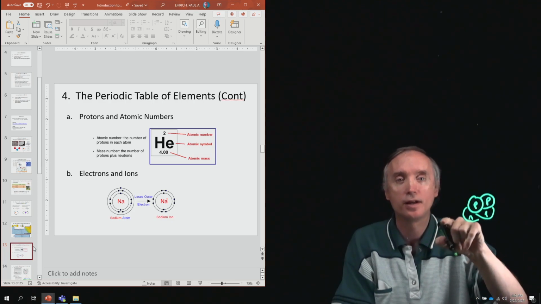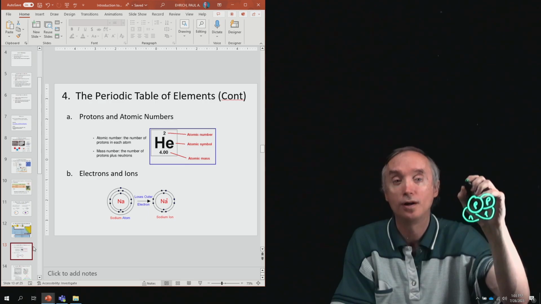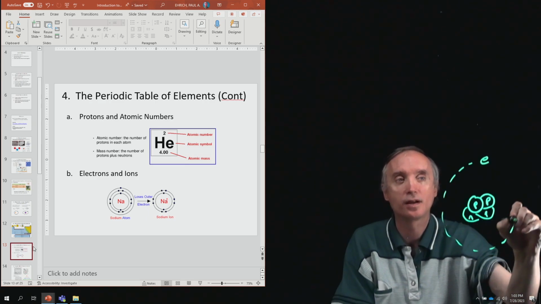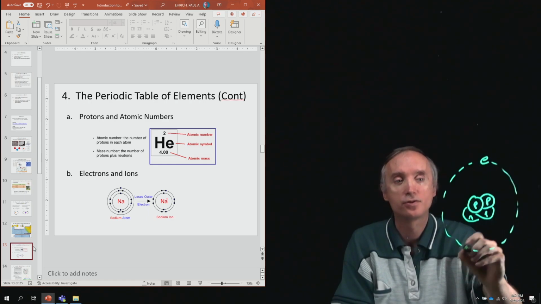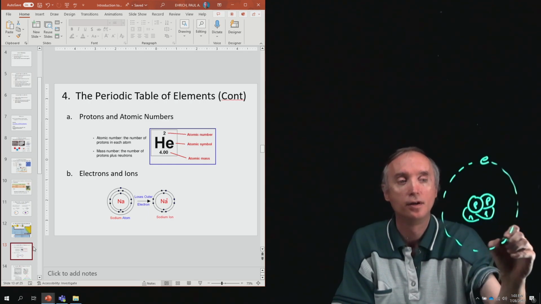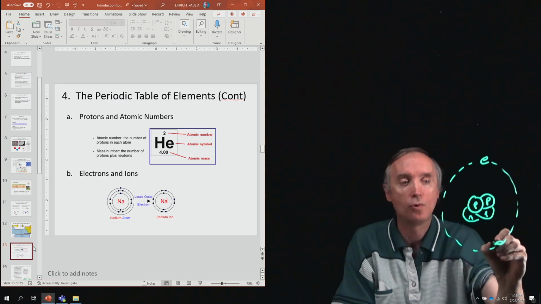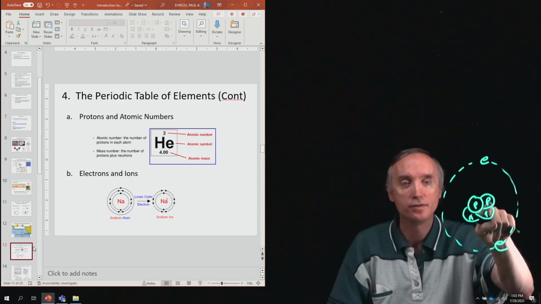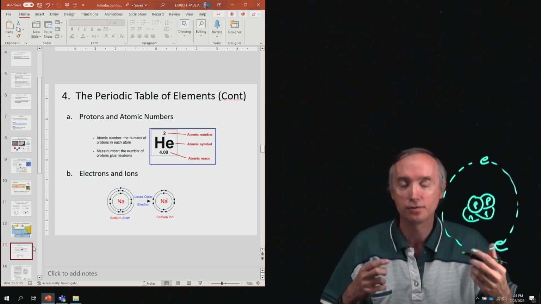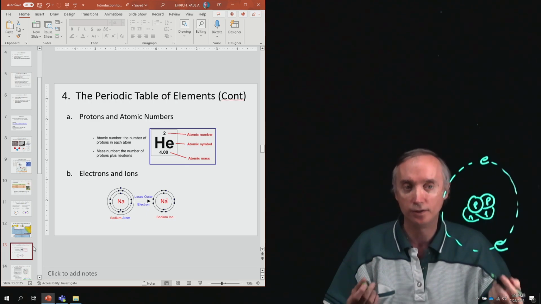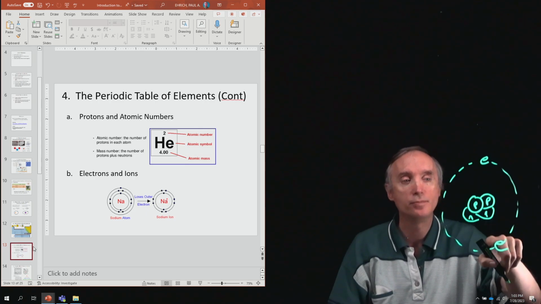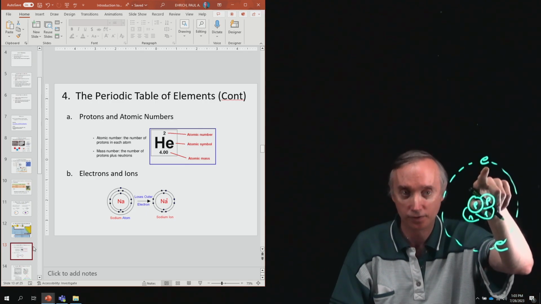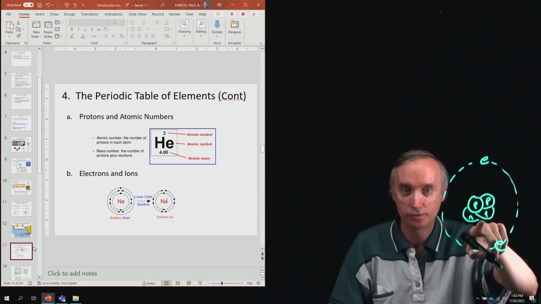And then it's going to have 2 electrons in orbit around it. And again, this is the classical picture showing what those electrons are doing, but this isn't quite right, so just bear with me. It's got 2 protons, so that means it has a +2 charge in the nucleus, and so we need to have 2 negative electrons to cancel it out.